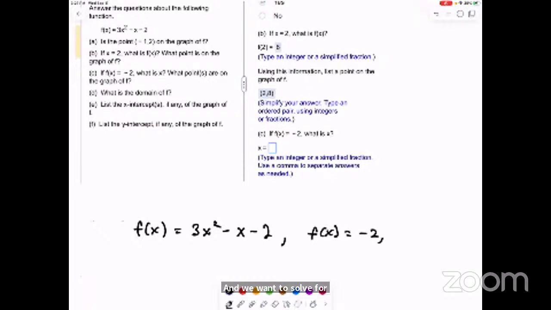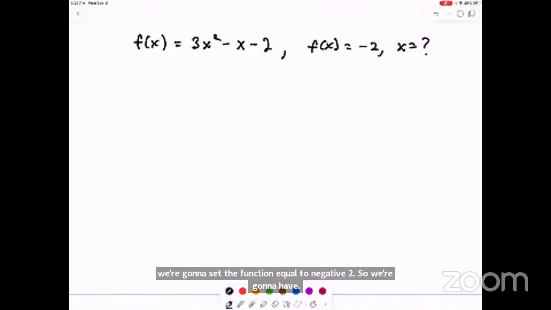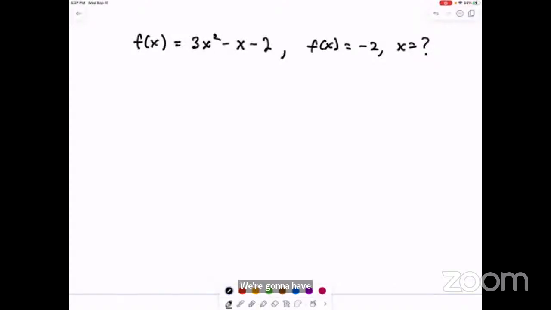Okay. So we're going to set the function equal to -2. So we're going to have 3x squared minus x minus 2 equals -2. If we add 2 on both sides, looks like we get this 3x squared minus x equals 0. Okay, looks like we can factor out an x from all terms.